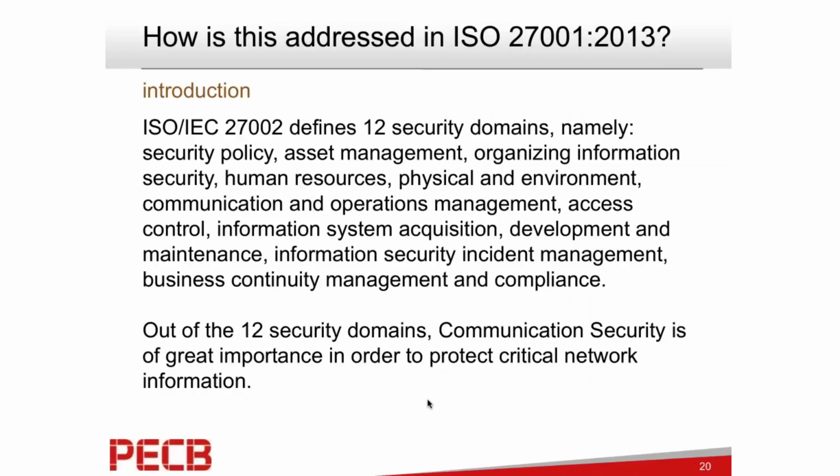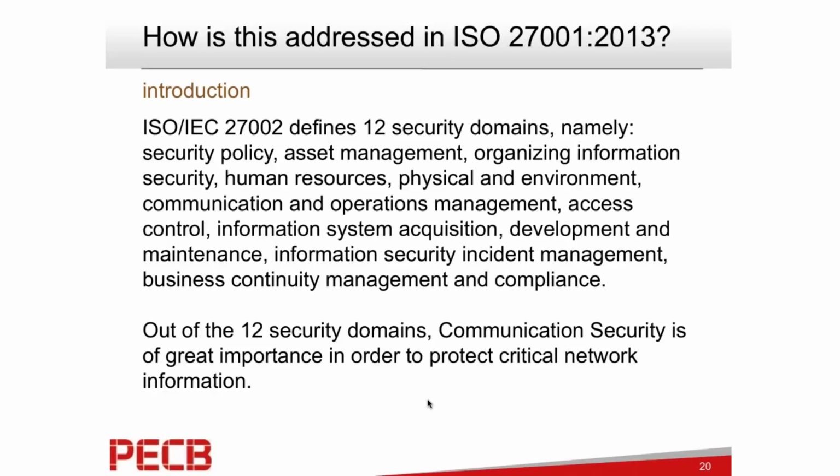So we talked about network segmentation and network segregation. The ISO 27001 standard has addressed this specific point. As you know, 27002 defines 12 security domains. I'm not going to state all of them, but out of those 12 security domains, one is called communication security.